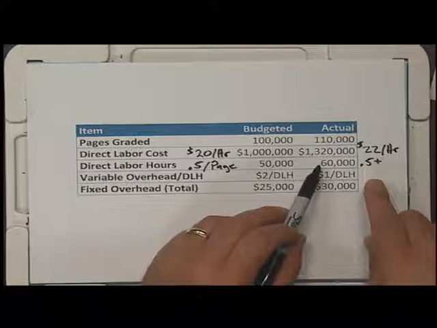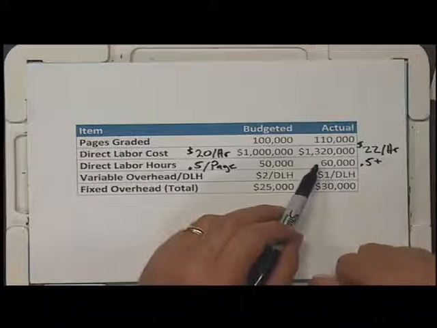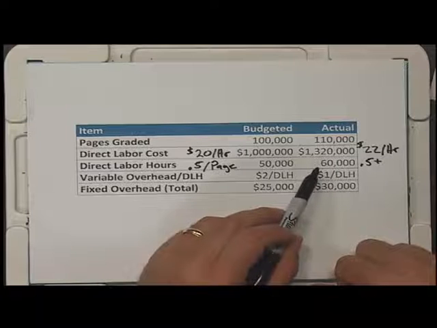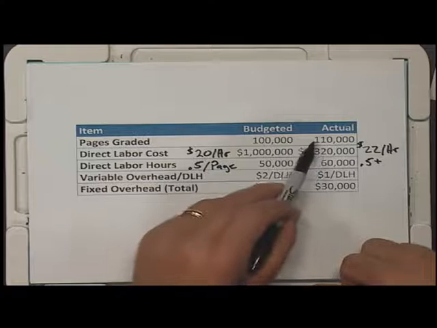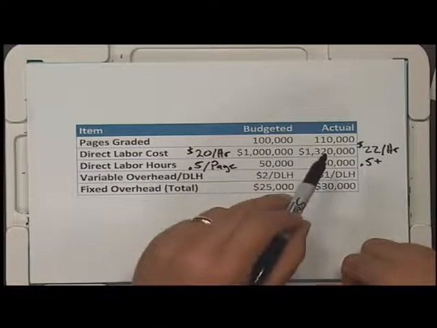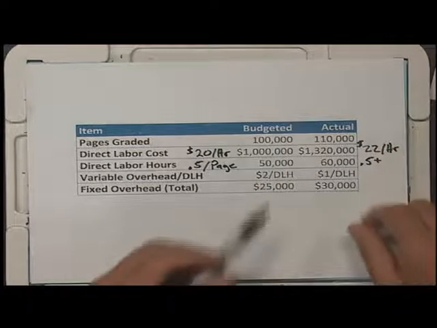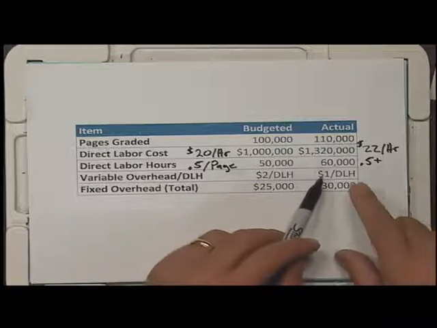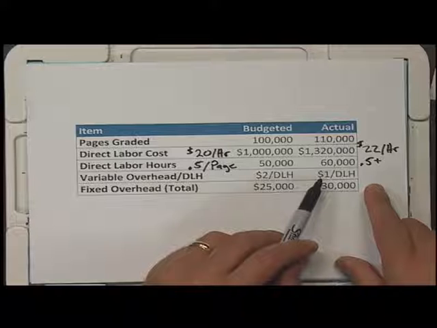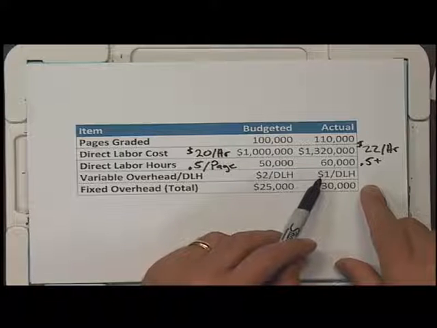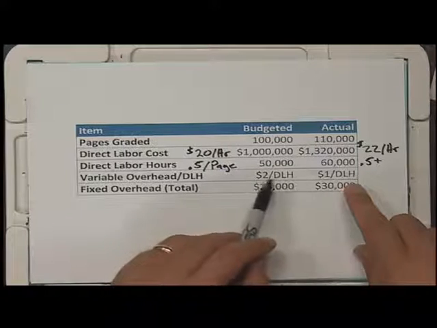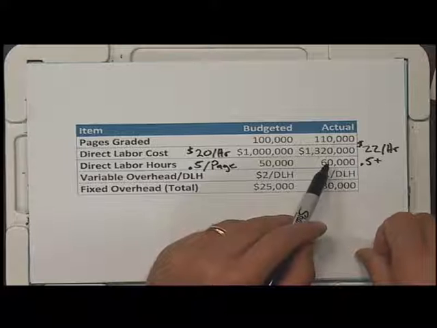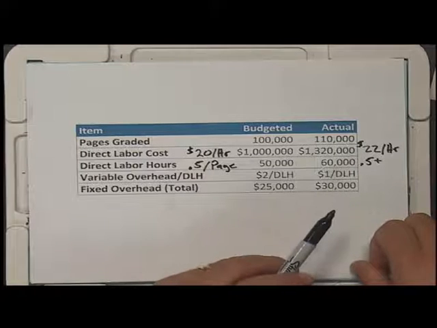So as we saw in the last video, our business used 60,000 hours, where it should have taken only half an hour a page, and so that's 110,000 pages. That should have been 55,000 hours. So although our cost per hour is a little lower than the budget said it would be, the number of hours driving variable overhead is a little bit higher.